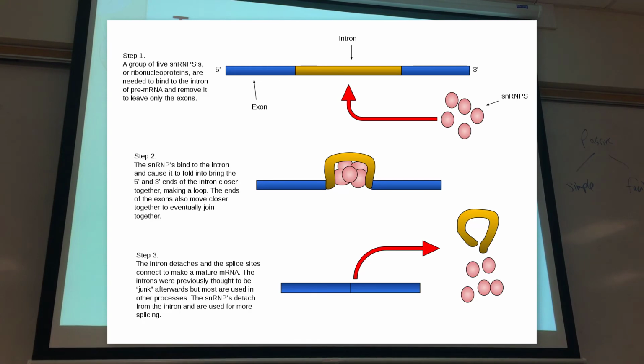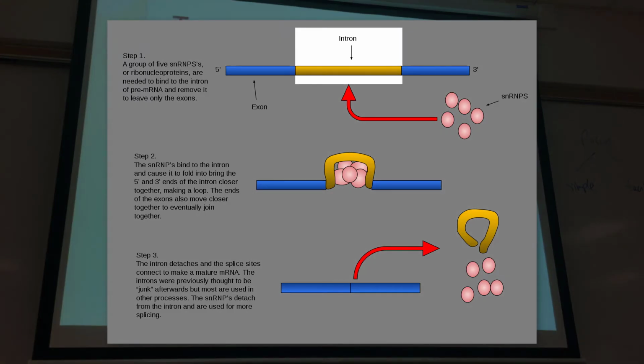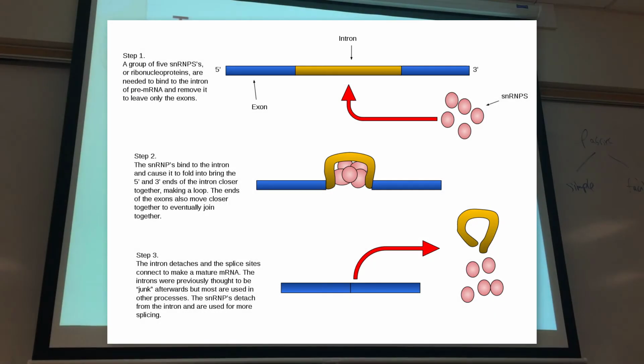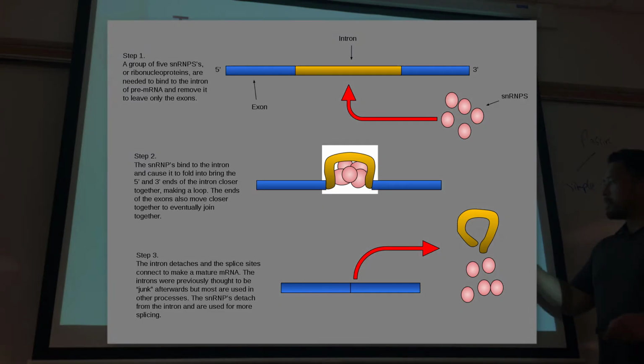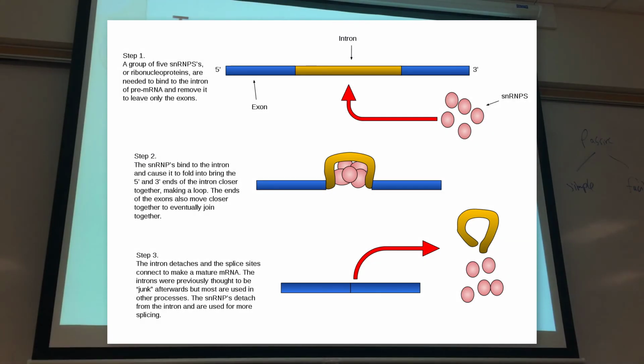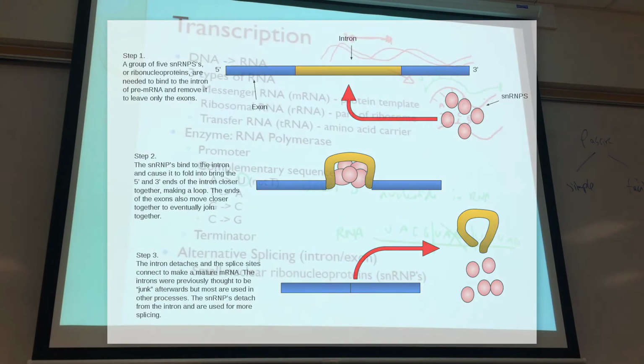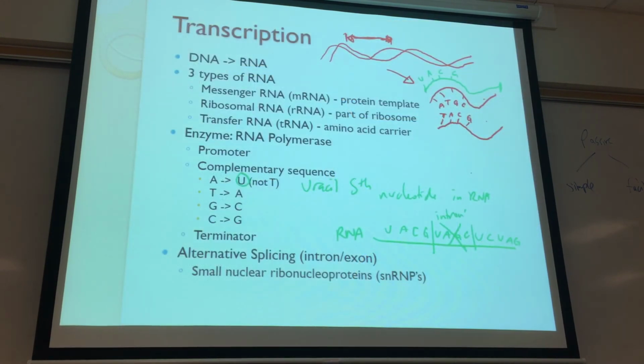So they might find that this area might not be necessary, and they'll bind the remaining pieces together. They call these introns. These pieces are called exons.